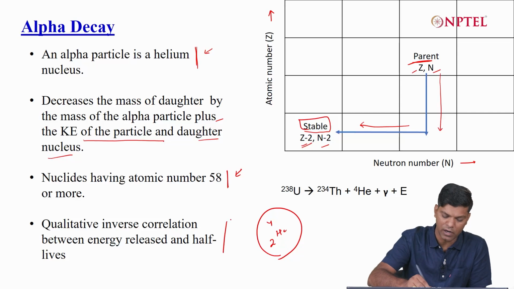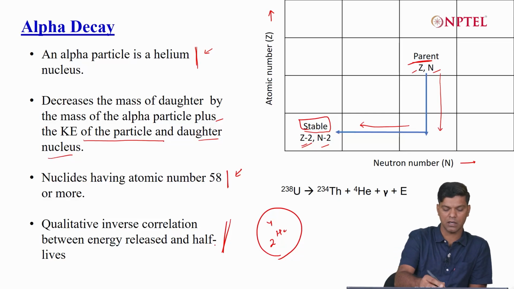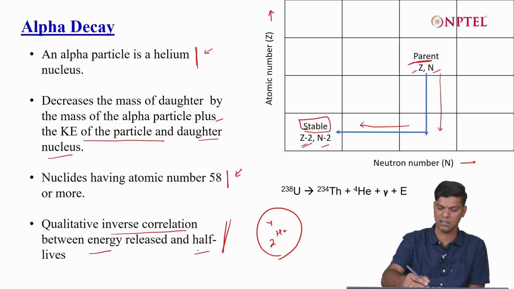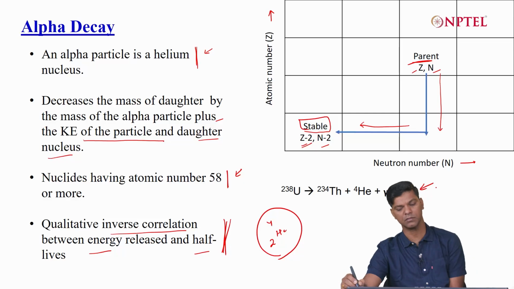And each alpha decay is associated with some energy. The decay energy associated with alpha emission has an inverse correlation between energy and half life. So, the higher the half life, the less is the energy; the less the half life, the higher is the decay energy. Here is an example of alpha decay.